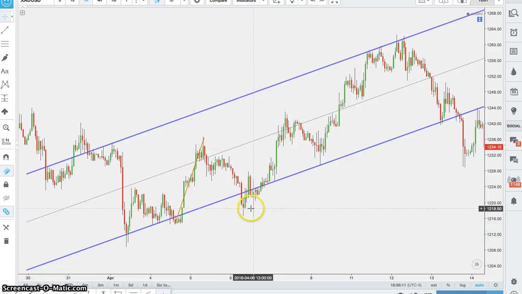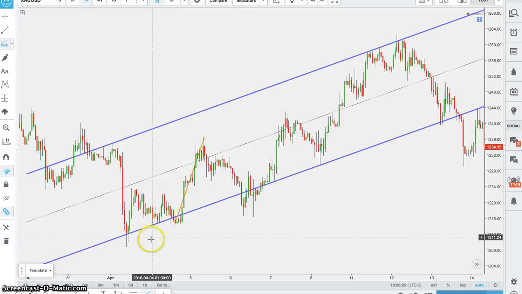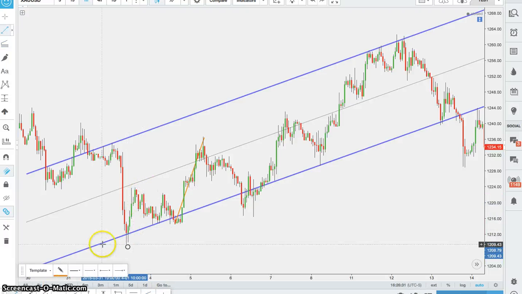So now, off this bounce, we're looking for another area to sell. We can measure this previous uptrend leg with the extension tool to find extensions up here where we can sell.